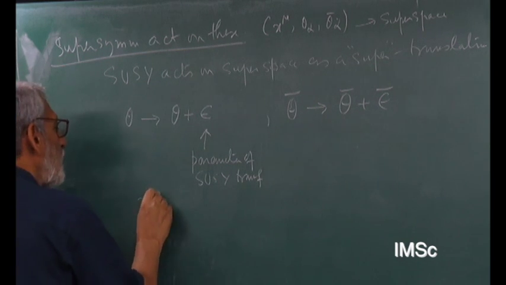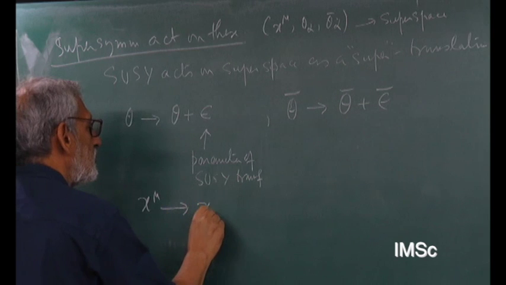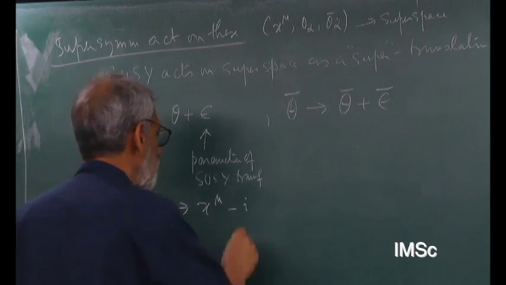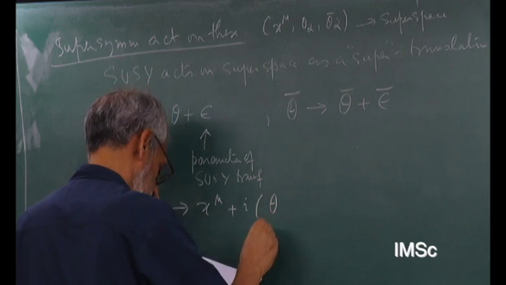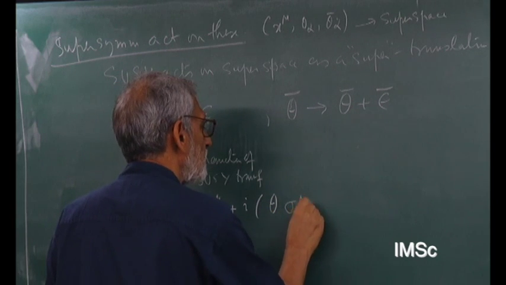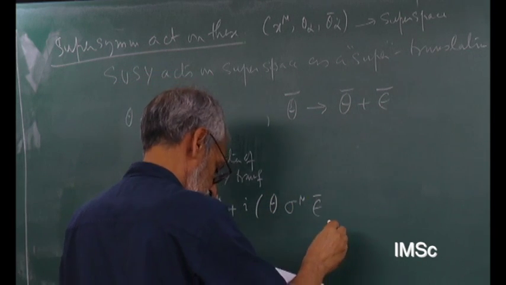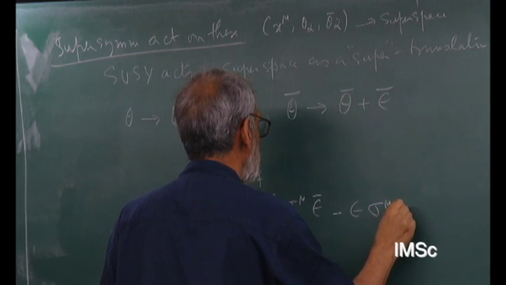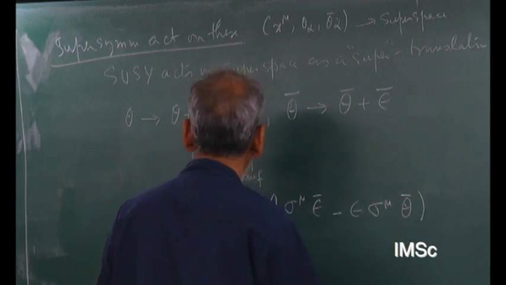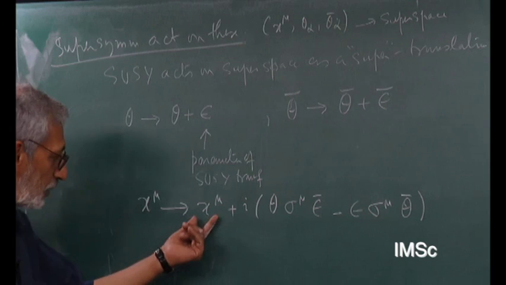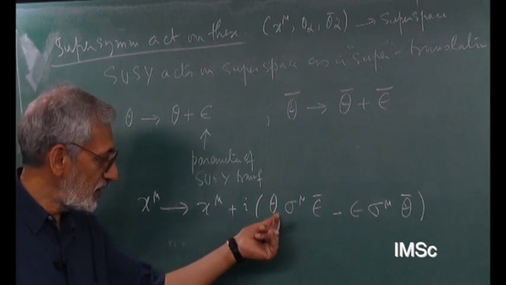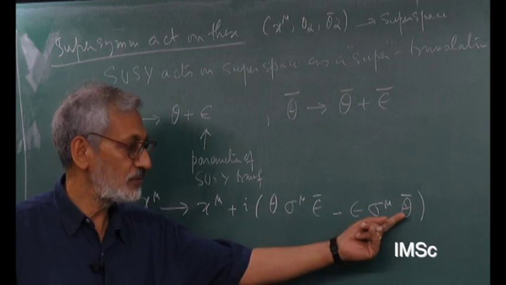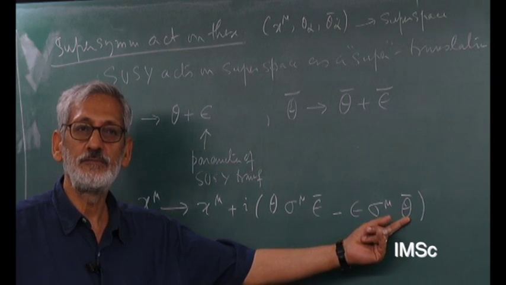And it changes x mu also, by an amount i times theta sigma mu epsilon bar minus epsilon sigma mu theta bar.